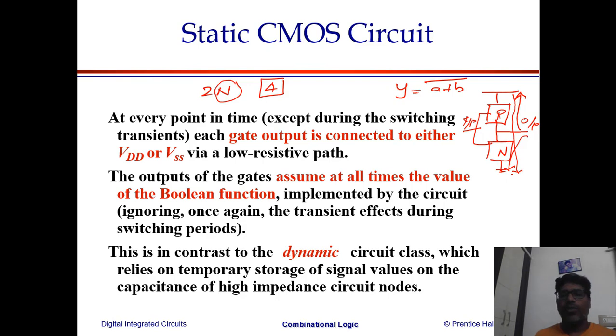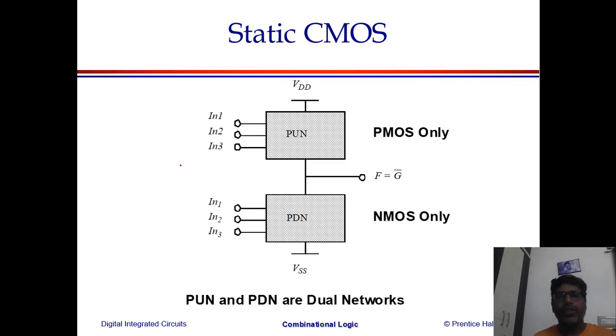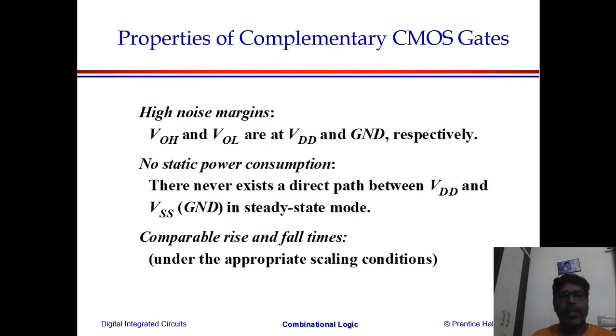So ideally there is no power loss in static CMOS, but we notice that during the transition period both the PMOS and NMOS would be on for a fraction of a second, and that gives rise to short circuit current, which again gives rise to a huge amount of short circuit power loss. So you can implement any Boolean function using this basic idea, right? It is connected to VDD or ground, and all the gates are my inputs. This is the typical structure we have discussed right now.